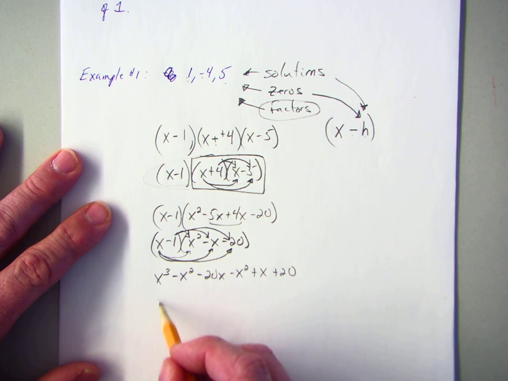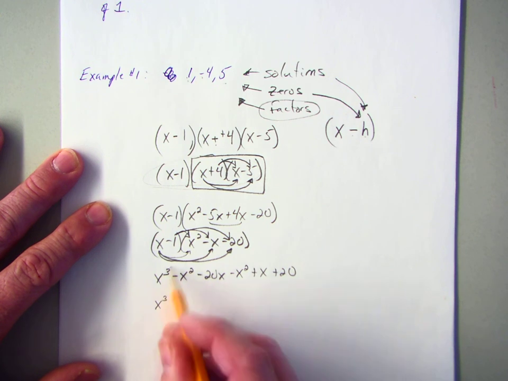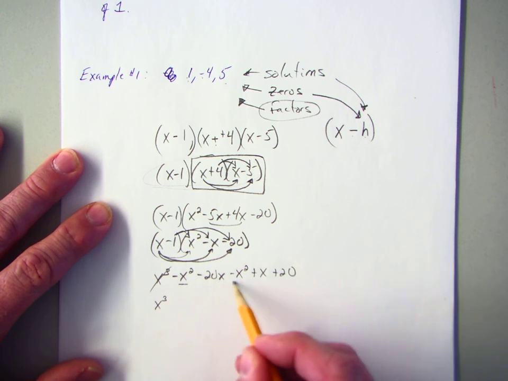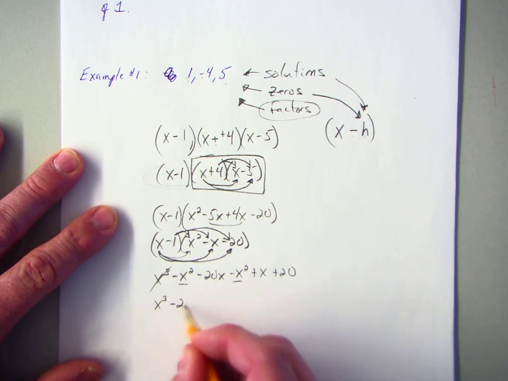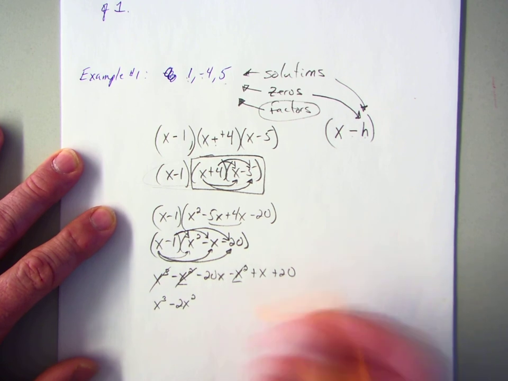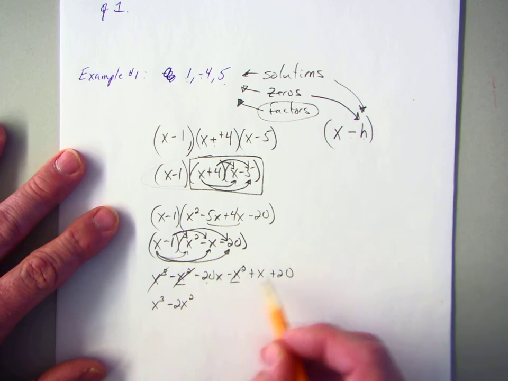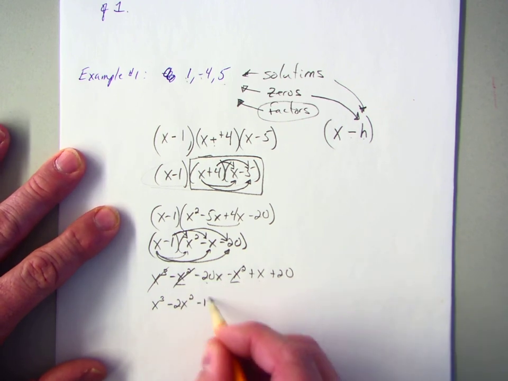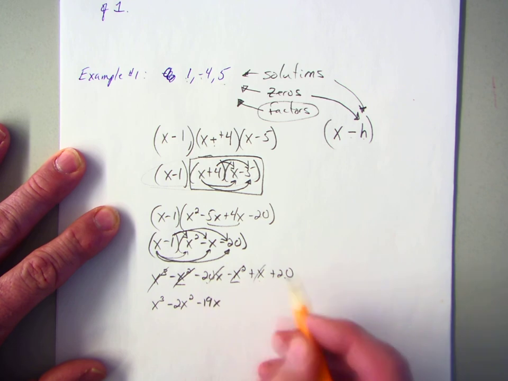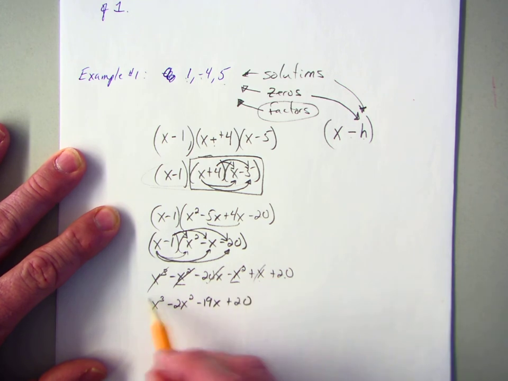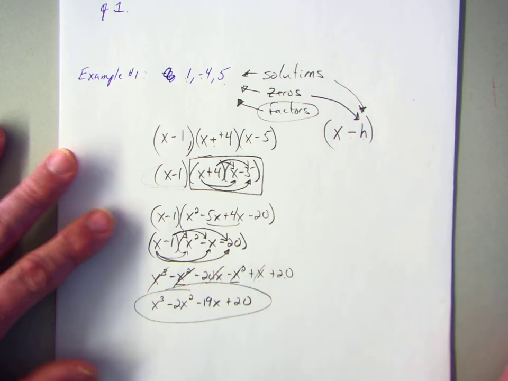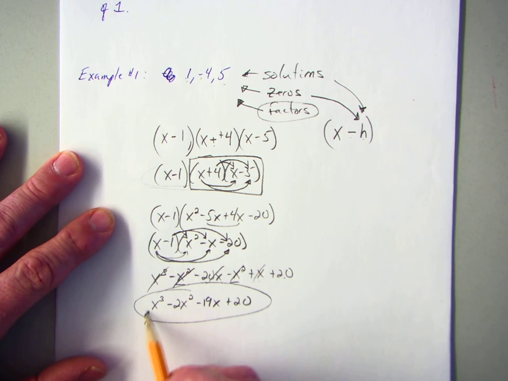Then combine like terms. So x cubed, we use that. So you have x squared and negative x squared, so that's negative 2x squared. I have a negative 20x and a positive x, so that gives me a negative 19x. And I'm left with the 20. So here's my polynomial. The leading coefficient is 1.